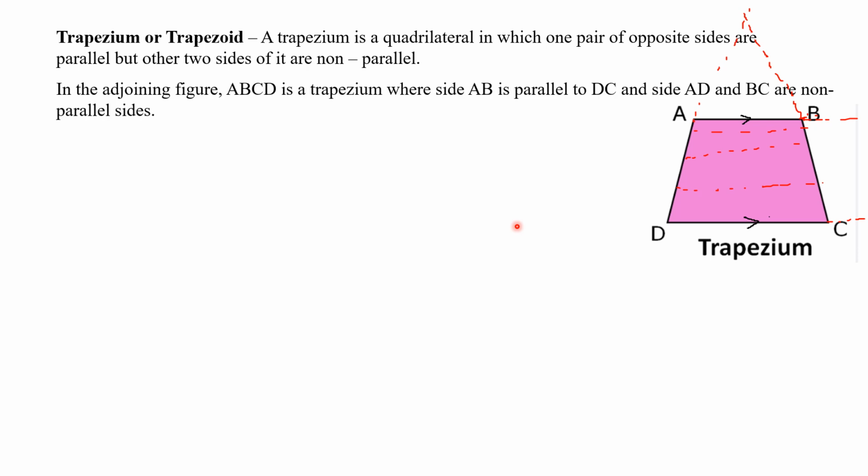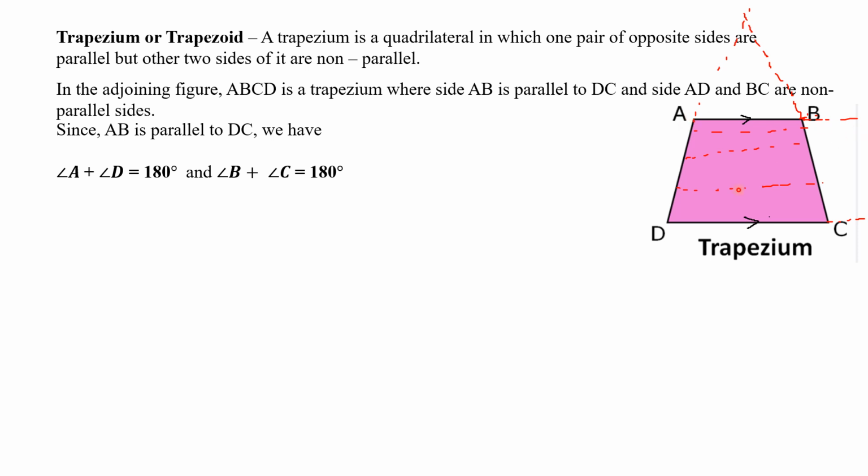Since AB is parallel to DC here, BC will become the transversal. And just now we have seen that when two parallel lines are cut by a transversal, their interior angles on the same side of the transversal will be supplementary.